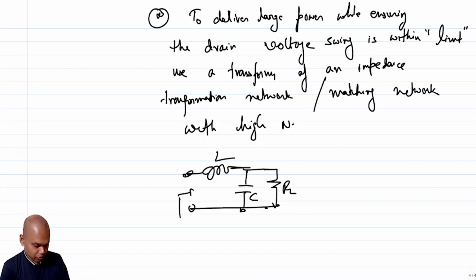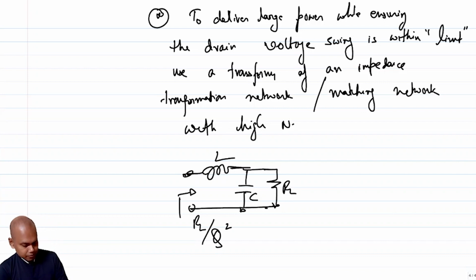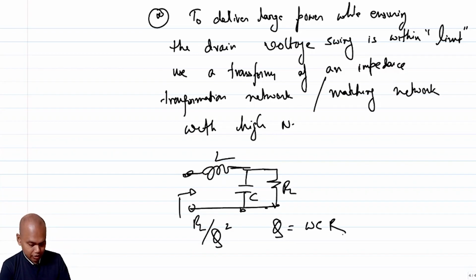So here this is RL over Q squared, where Q is essentially the ratio with which the current is getting divided, which is omega C RL. So if you want larger swing, you use this kind of contraption as an impedance transformer, and you can go ahead with the design.